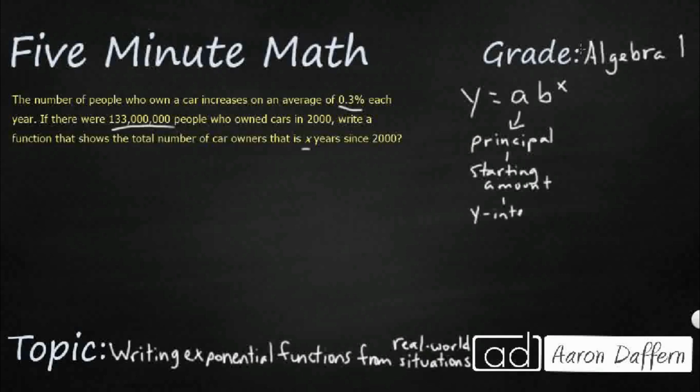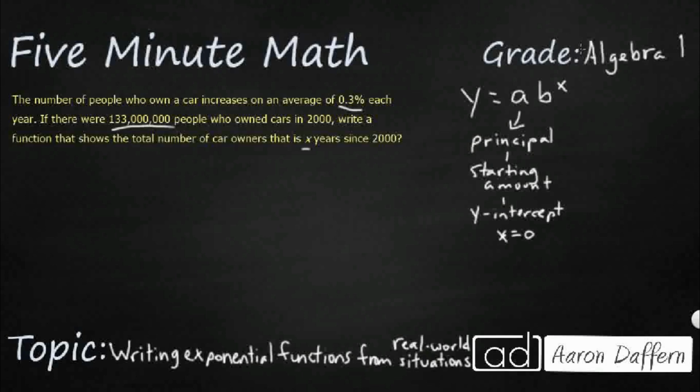So really, that y-intercept is what happens when x equals 0, correct? So we're looking for that starting amount. In that 0 year, what is the number we're dealing with? And that's that 133 million.